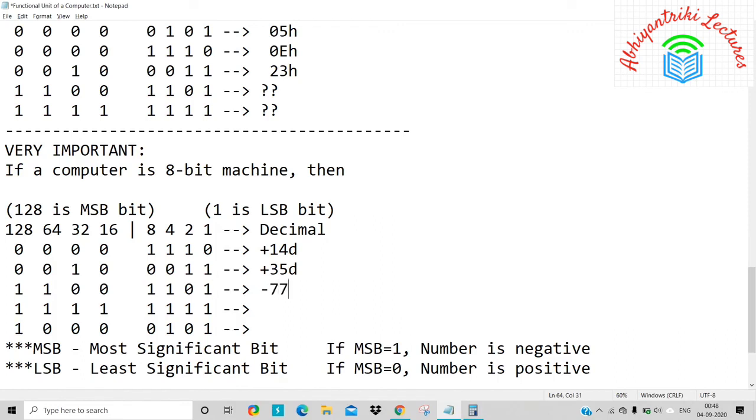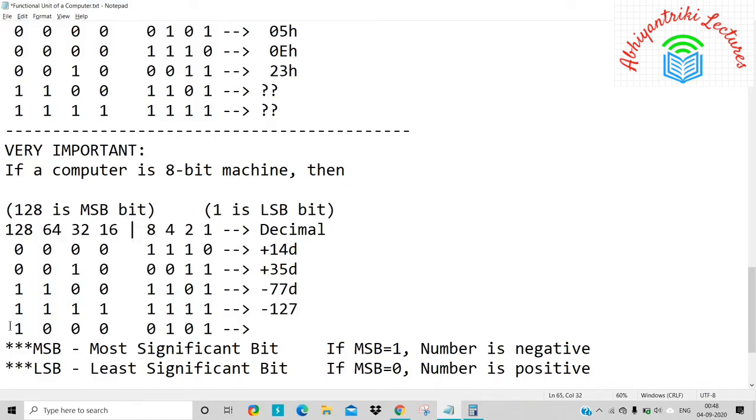D stands for decimal. And then similarly for this one, this is 1, so the number is negative, right? And what about this? This is 127. You can add these numbers, 64, 32, 16, 8, 4, 2, 1, and you'll get 127 as the answer. And how do you write this now?